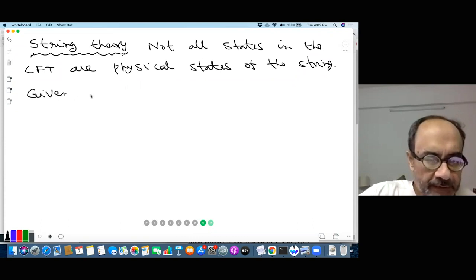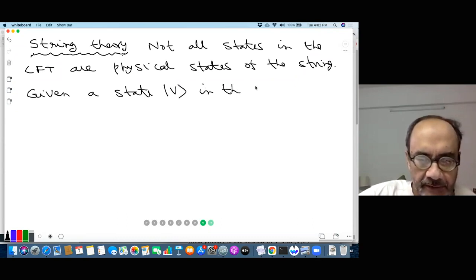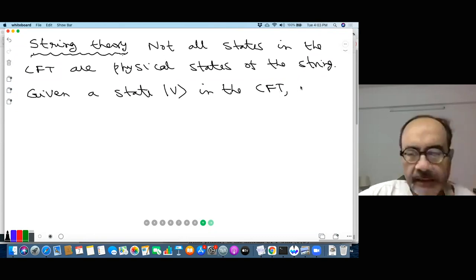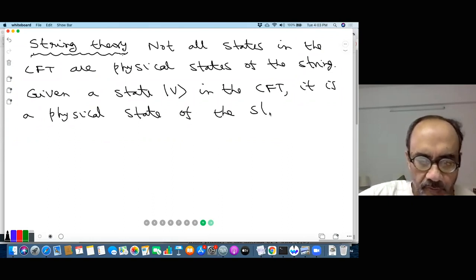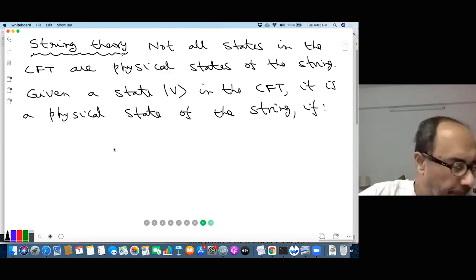So given a state V in the CFT, it is a physical state of the string if the following conditions hold.